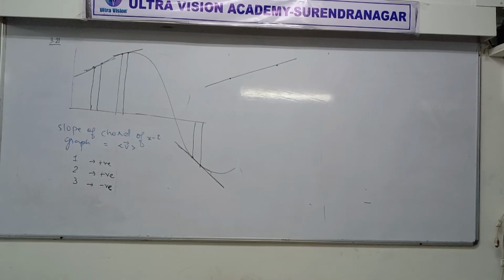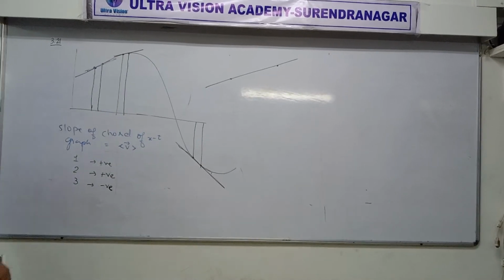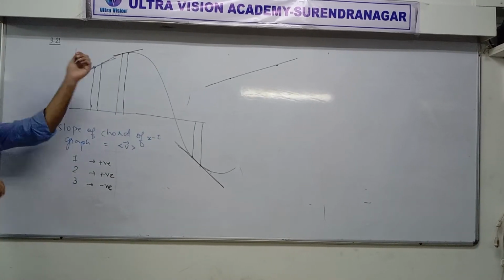3.21. V greater than 0 in 1 and 2 and V less than 0 in 3. V is the symbol of velocity, not of average velocity.